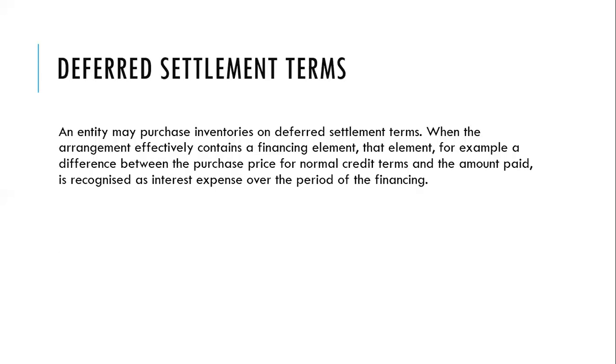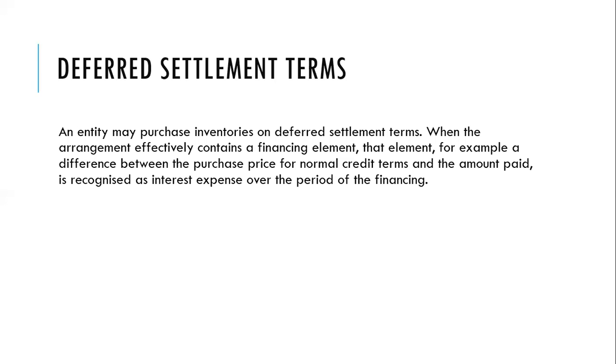Another part of the standard says an entity may purchase inventories on deferred settlement terms when the arrangement effectively contains a financing element. That element, for example a difference between the purchase price for normal credit terms and the amount paid, is recognized as interest expense over the period of the financing. So you have an inventory that you have bought. Let's assume you normally buy each unit for $10.